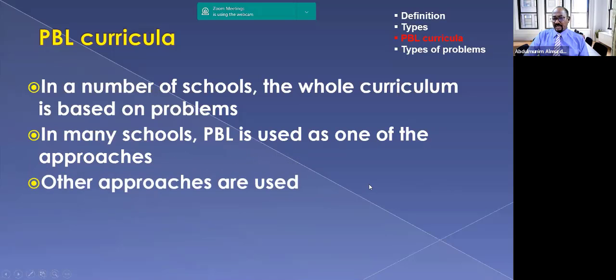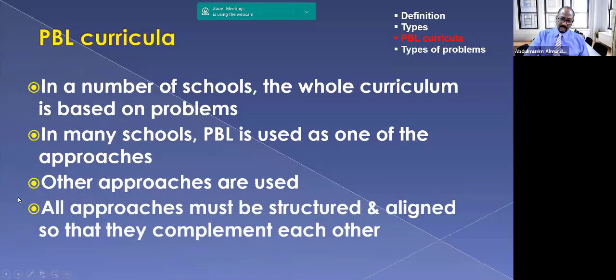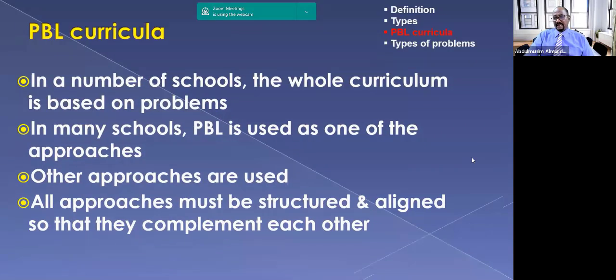Now, other approaches are used, so all approaches must be structured and aligned so that they complement each other. I mean, other curricular approaches are used in addition to problem-based learning, and they must be synergized and aligned so that they complement each other. And we will discuss this in a little while.